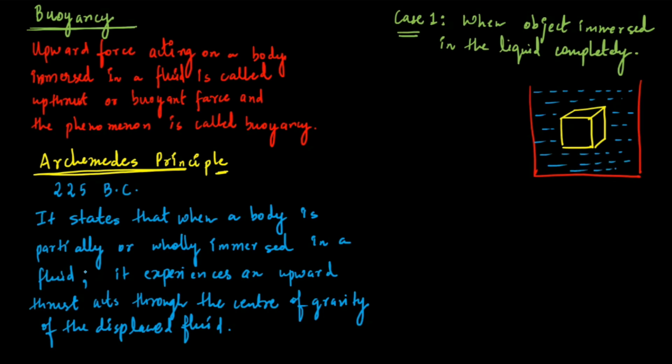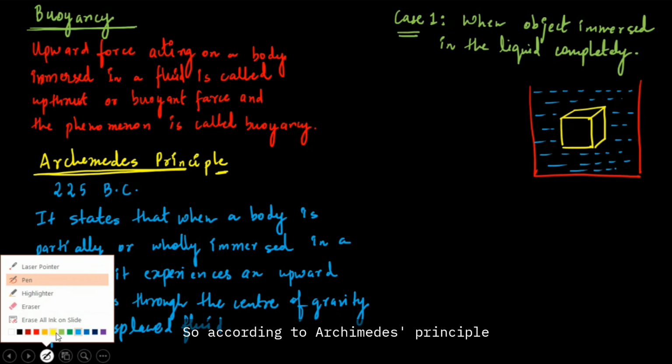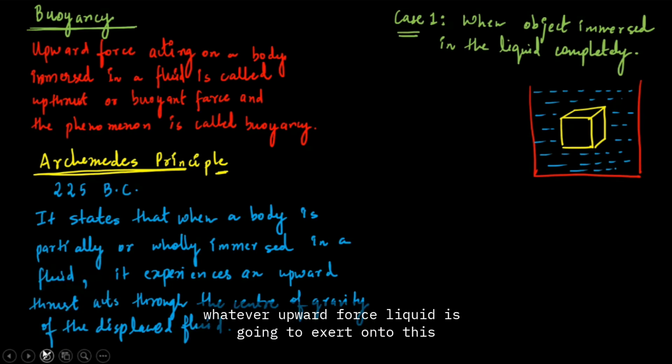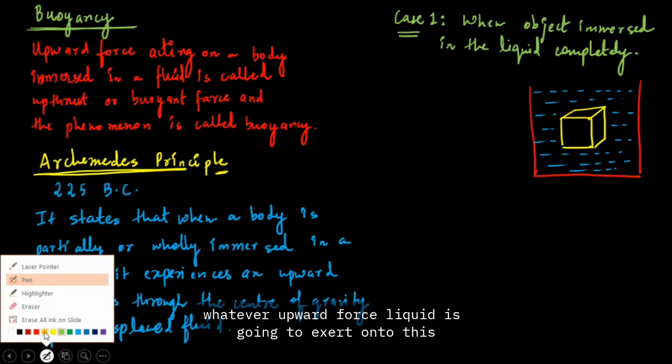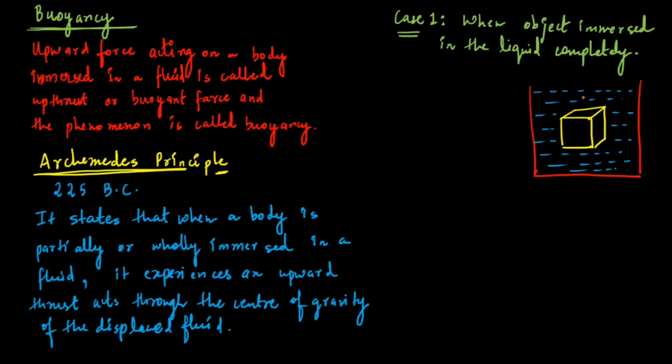According to Archimedes principle, whatever upward force the liquid is going to exert onto this is called buoyant force. And that buoyant force is equal to the weight of liquid displaced.